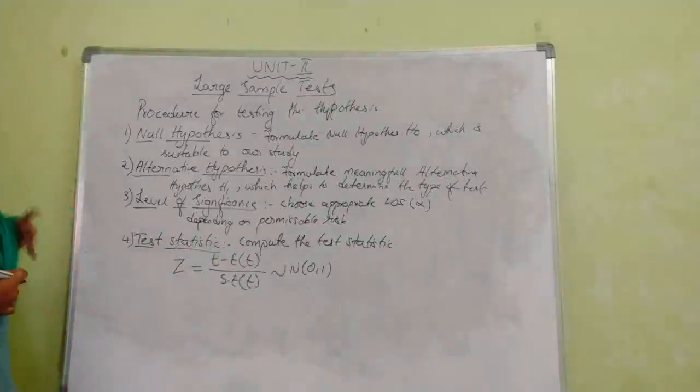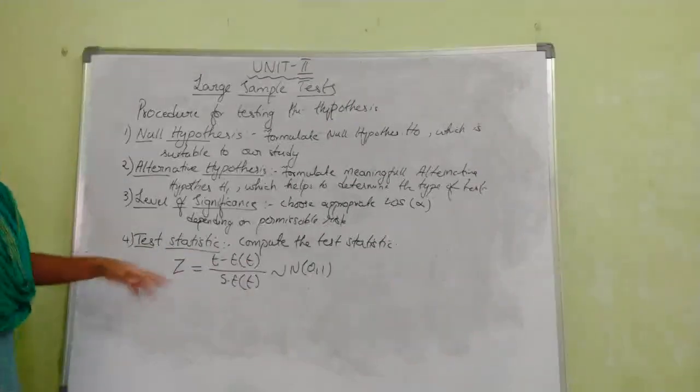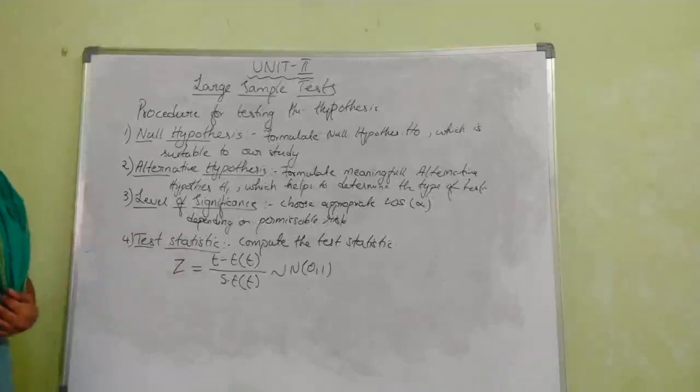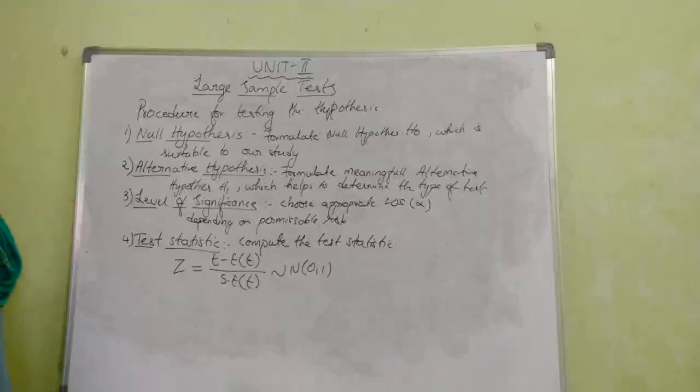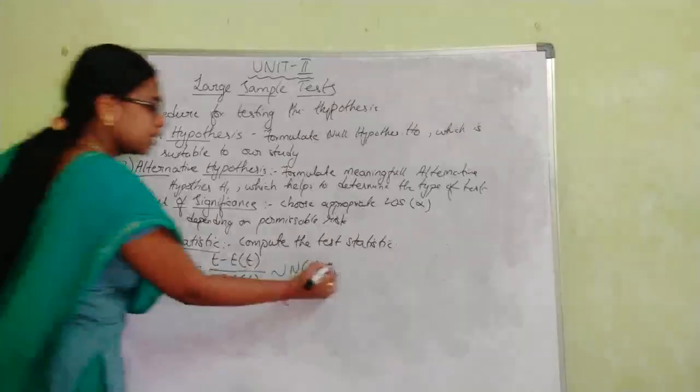If we are using proportions, we use proportion in place of t. If you are using the single mean, we use mean in place of t. You will understand it when we start the large sample tests. So here, what is t?